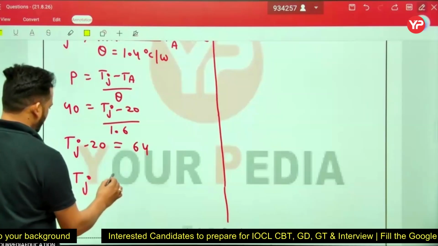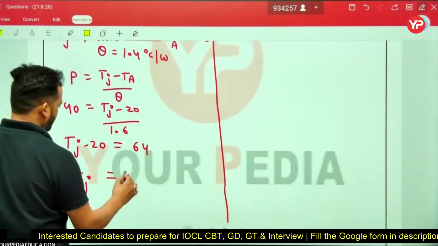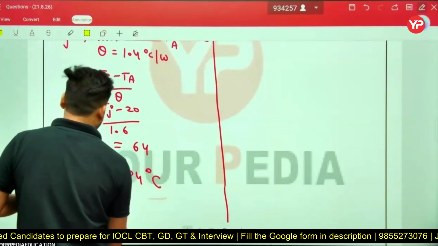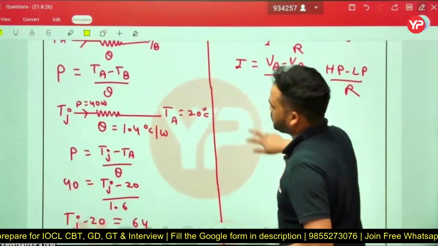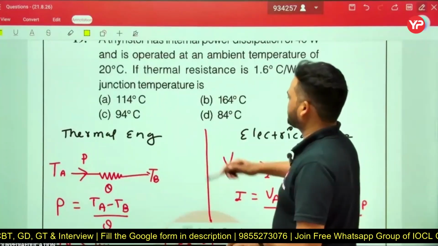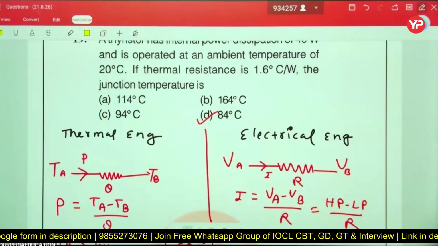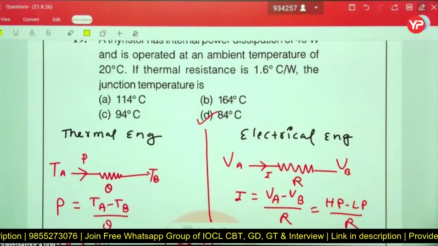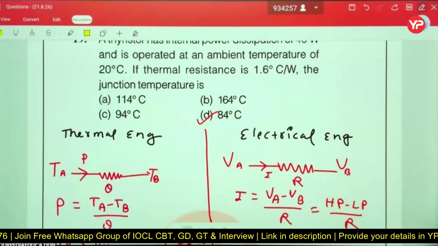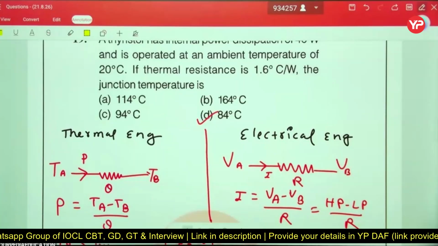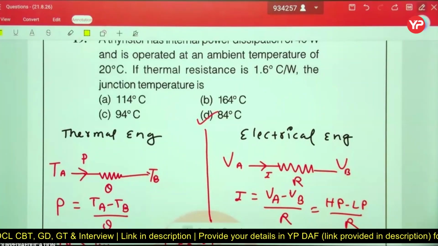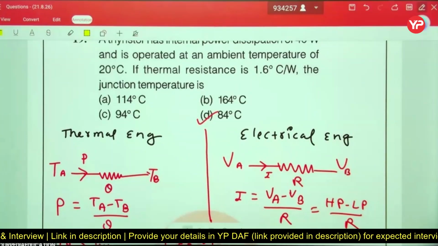Then Tj, that is the junction temperature, equals 64 plus 20, 84 degrees centigrade. 84 is the right answer. Now tell me, is everything clear now? Is everything clear in this question or not? Okay, beta.